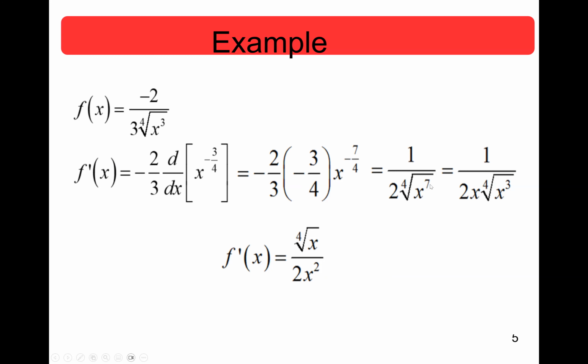Now, since 7 is greater than 4, we can take x to the 4 out, because the 4th root of x to the power 4 will give us x. So we are going to reduce the 7 to 3, and we bring x out. So our final answer here will be 1 over 2x times the 4th root of x cubed.